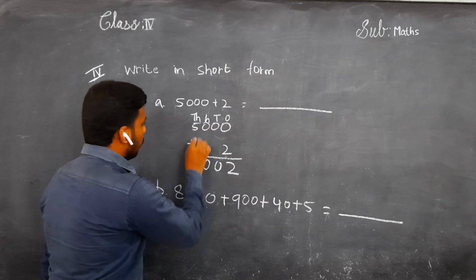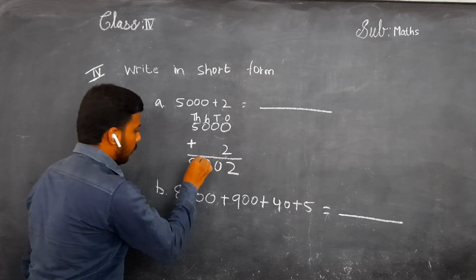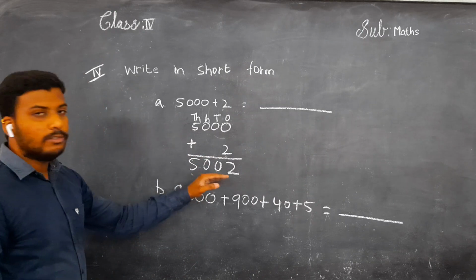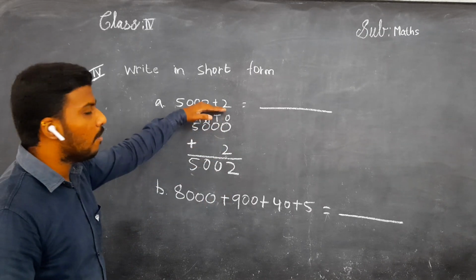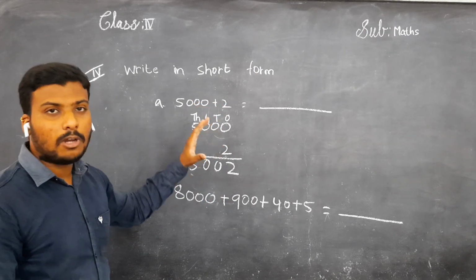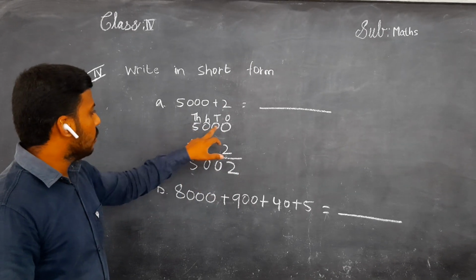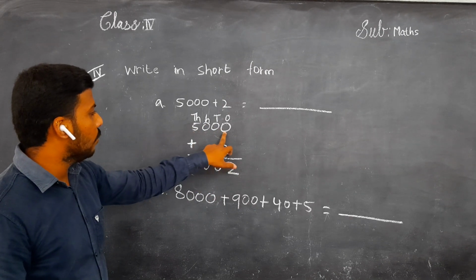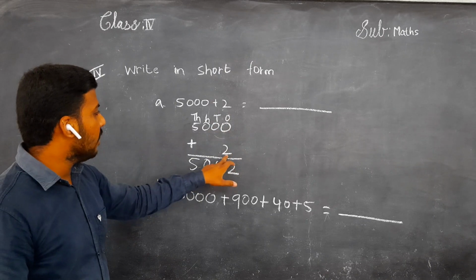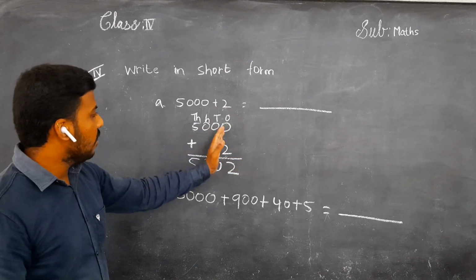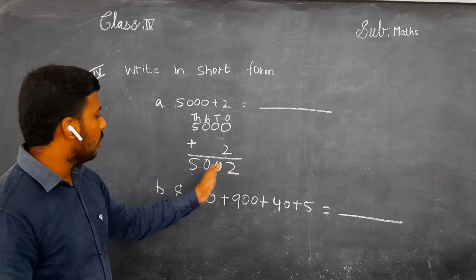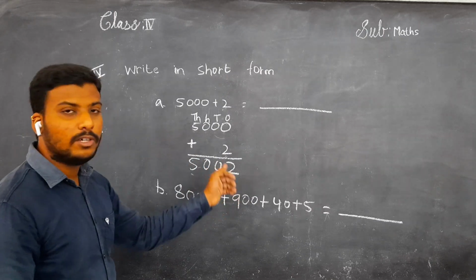And in the place of 5,000 we have the value 5. So we got the value 5,002. Understand? By combining both the numbers, we get the shortest form, which is nothing but the addition form. In the ones place we are bringing the value 2. By adding the 2, we get 5000 plus 2 equal to 5002.